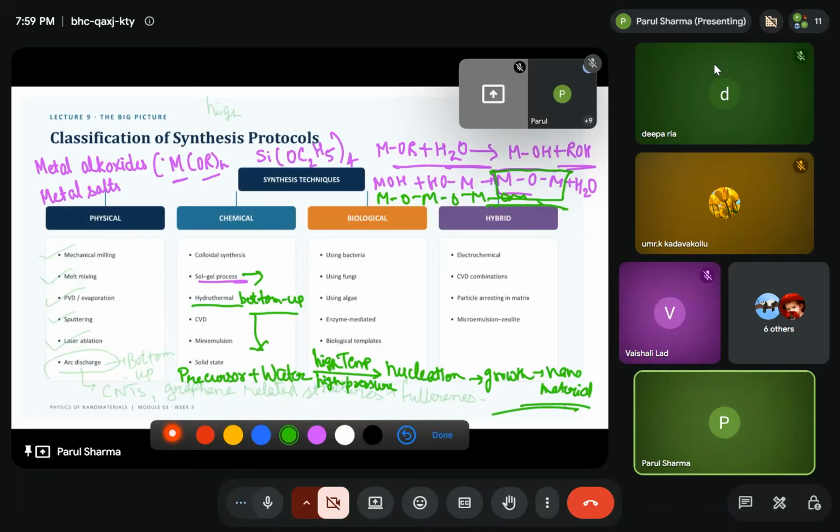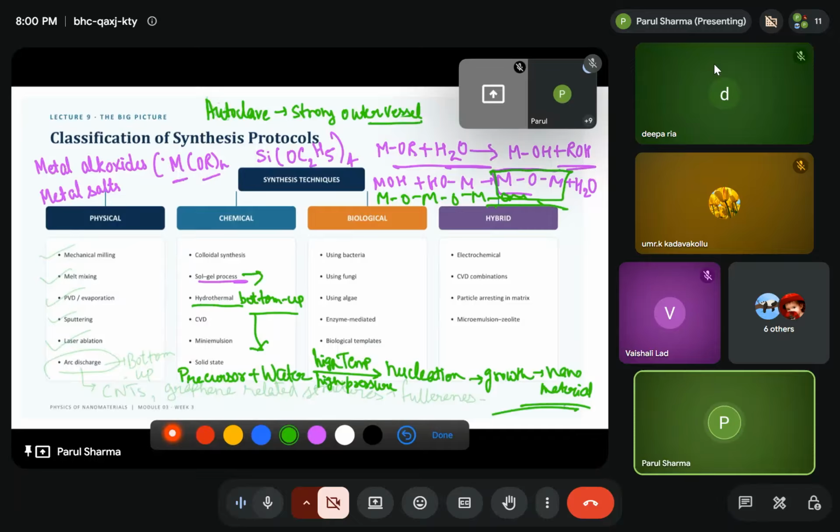So this will allow the chemical reaction and crystallization to occur under conditions that are not possible in an open vessel. In our autoclave, we have a strong outer vessel, that is the chamber, and an internal chemically resistant liner, then the precursor solution and controlled heating.